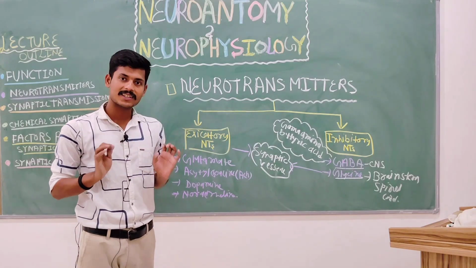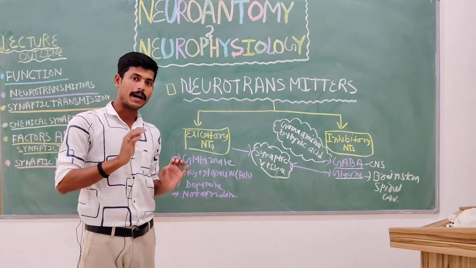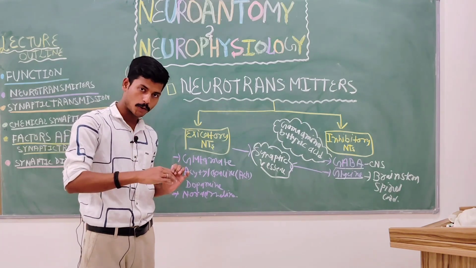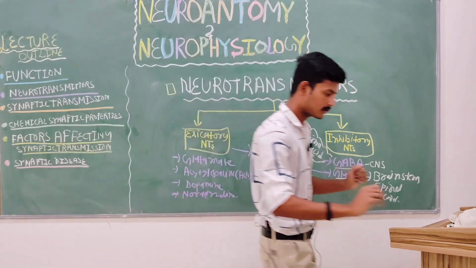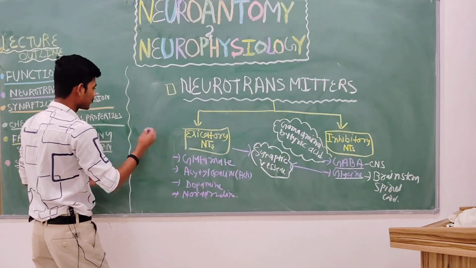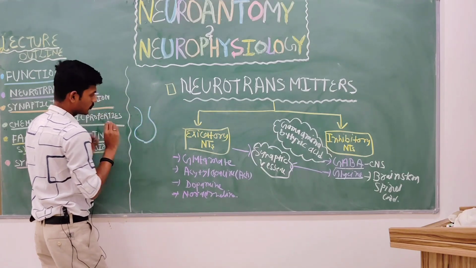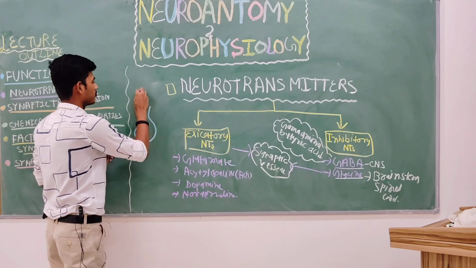But where are they synthesized? They are synthesized with the help of transport. You will not understand until I draw the diagram. So fine, I'm ready to draw it. Yeah, see, okay, fine.